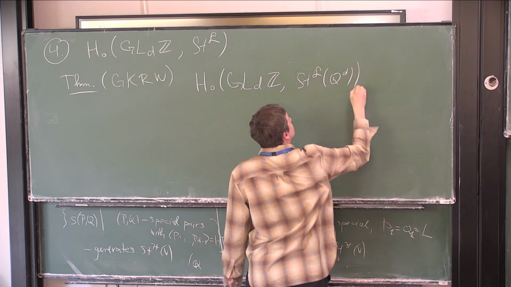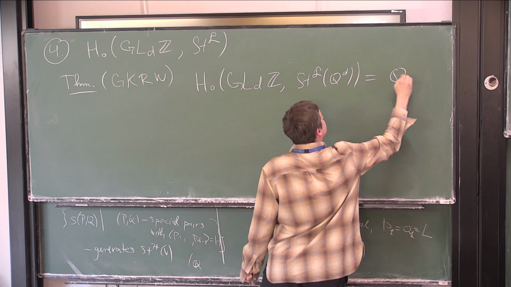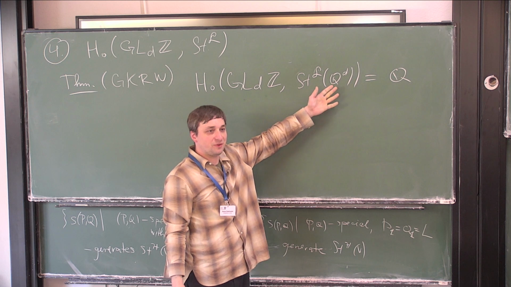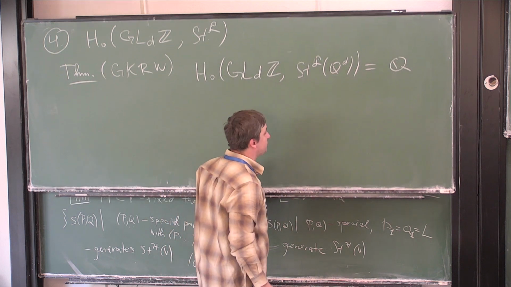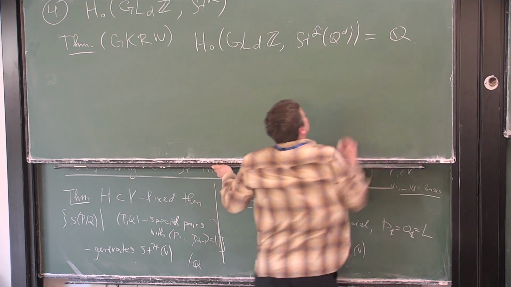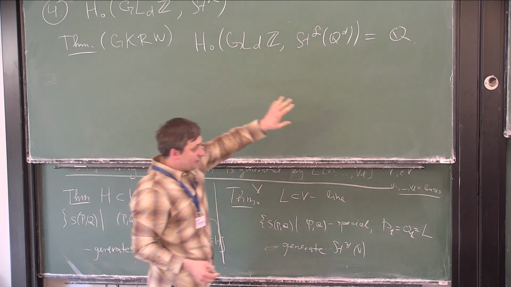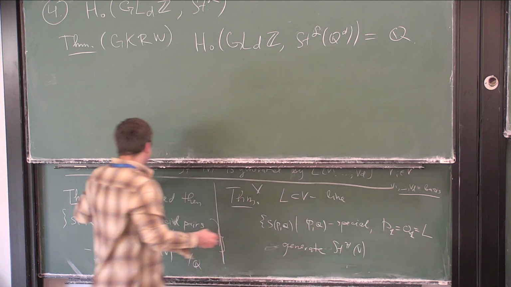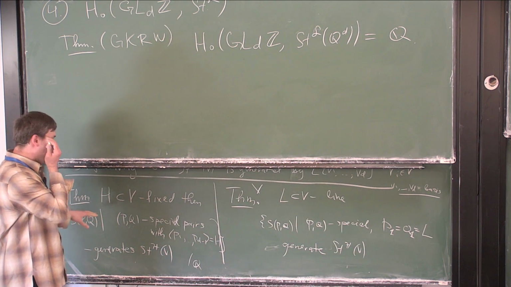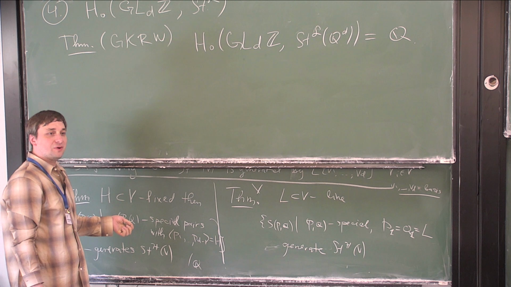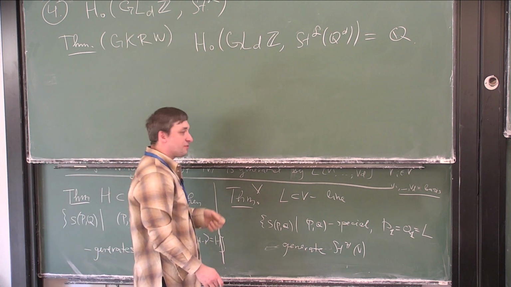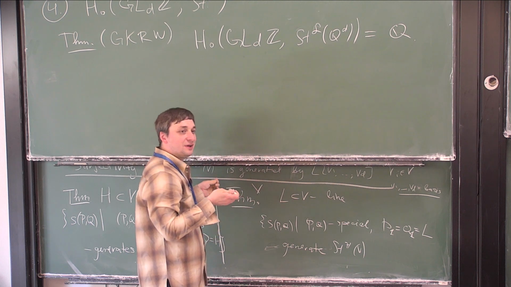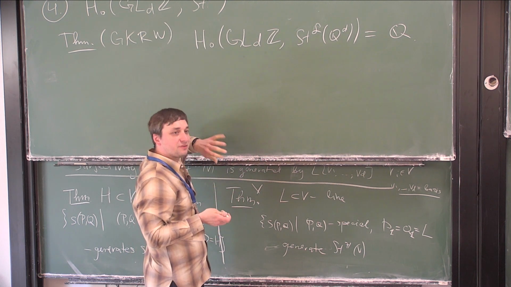This homology group, the coinvariants of the action of GL_d(Z) on Steinberg L, is one-dimensional. This space is one-dimensional. It almost trivially follows from what I said, except in the theorem or theorem dual, we allowed all special pairs, including degenerate ones. And on special pairs which are non-degenerate, the generic ones, GL_d(Q) acts transitively.